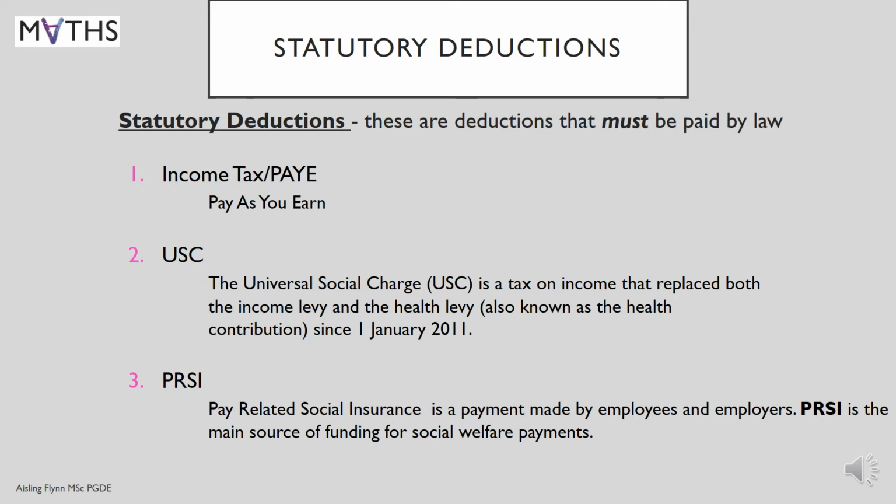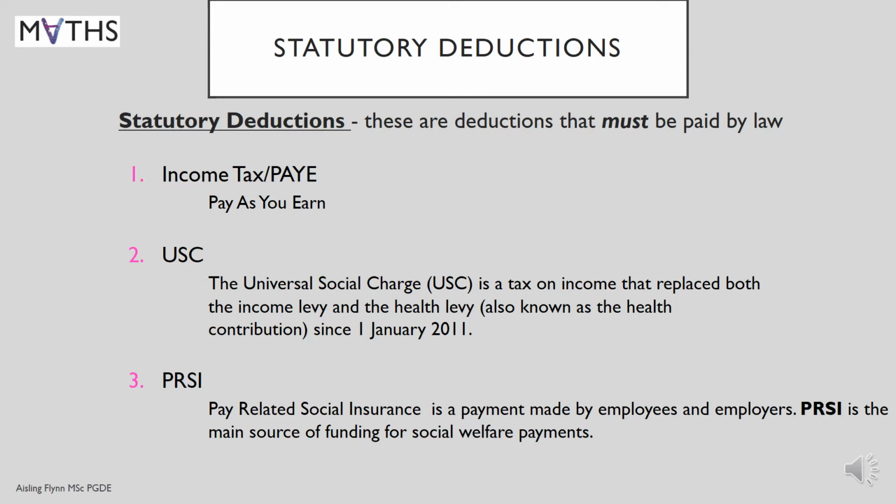So you automatically get a payment for a number of months before you start getting means tested. This is PRSI. These taxes also go to fund things like the health service, schools, and things that are socially based.